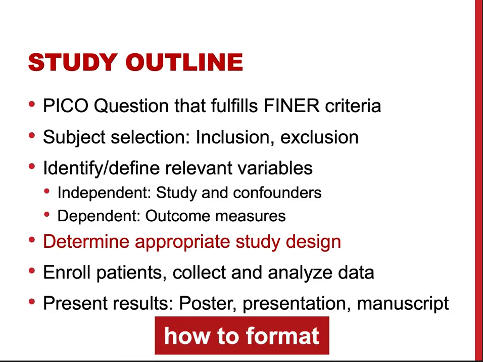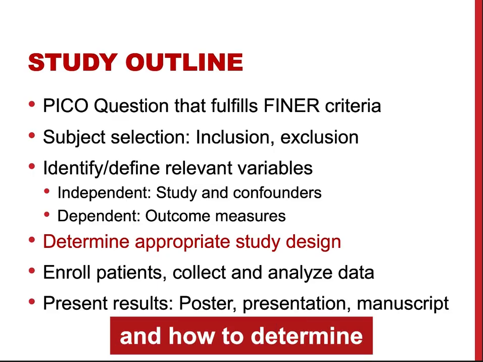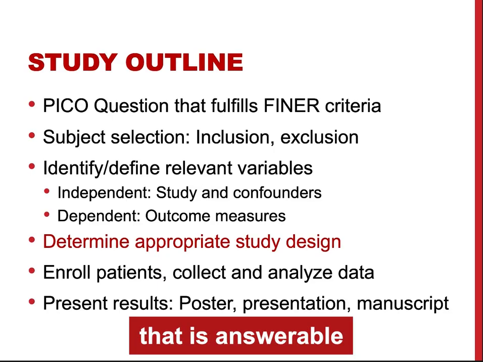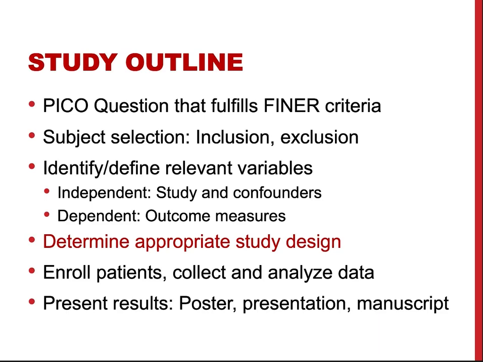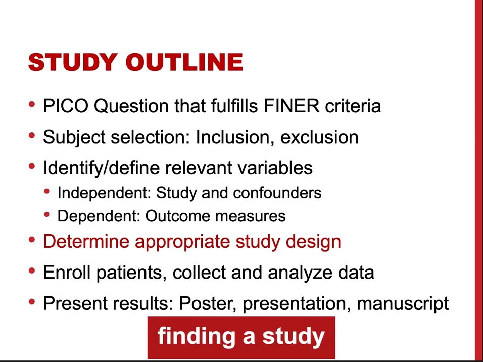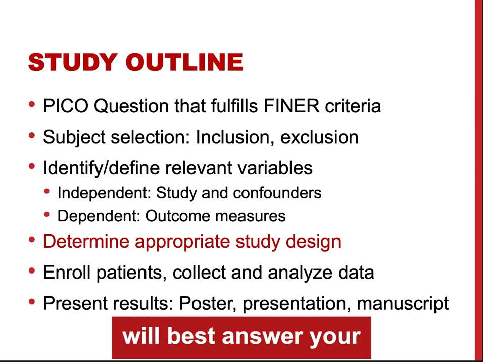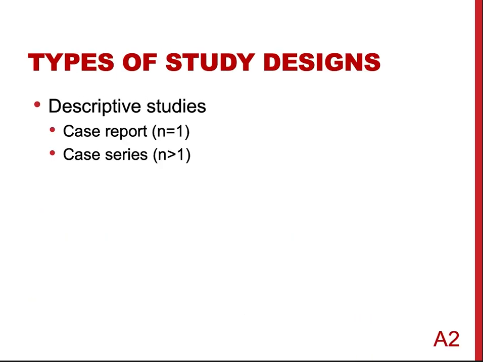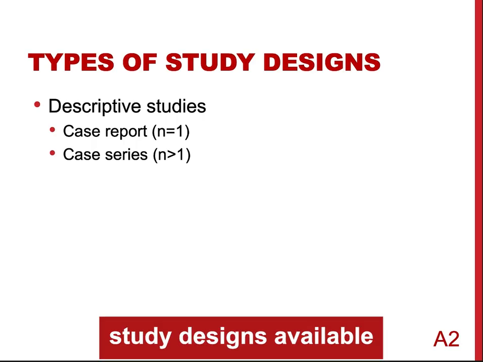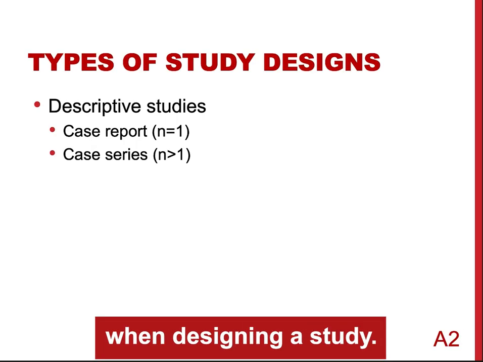We have discussed how to format a research question with PICO and how to determine if it is a research question that is answerable with the finer criteria. We'll take a brief detour around finding a study population and variables, and we'll focus on determining which study design will best answer your research question. There are several study designs available when designing a study.